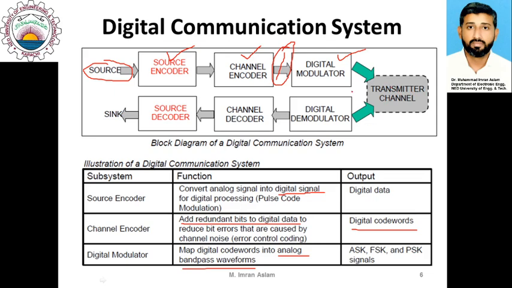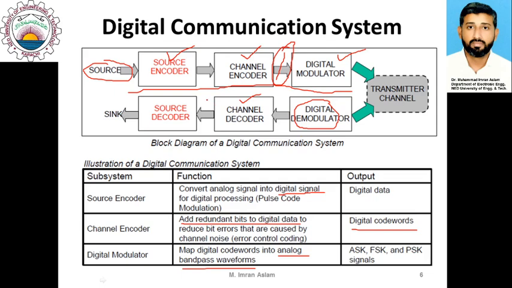At the receiver side, this process is reversed. The bottom blocks are representing the receiver side. The digital demodulator removes that sinusoidal signal and detects the original words which are being transmitted. Those words are then delivered to the channel decoder, which checks them for any error and then removes those redundant bits.